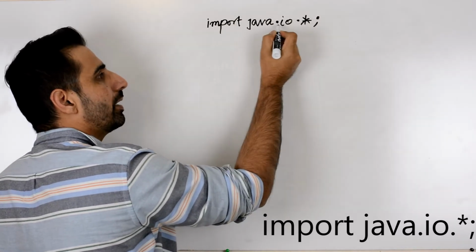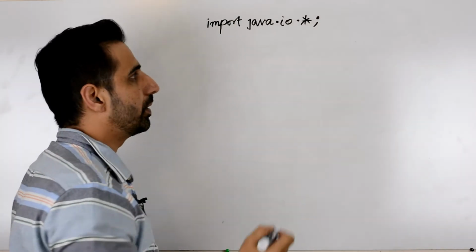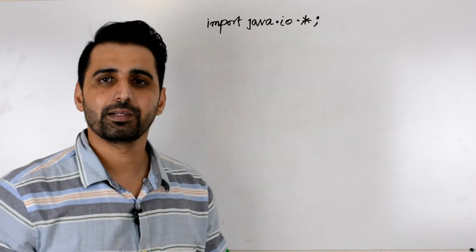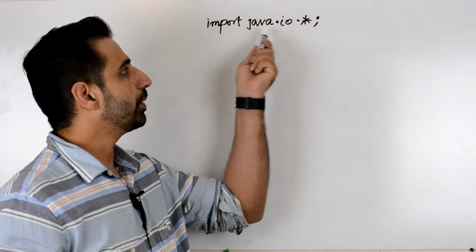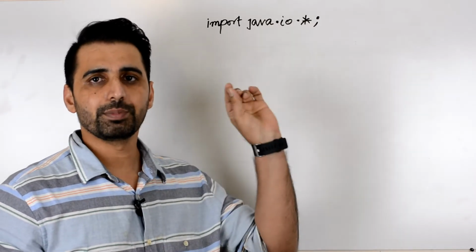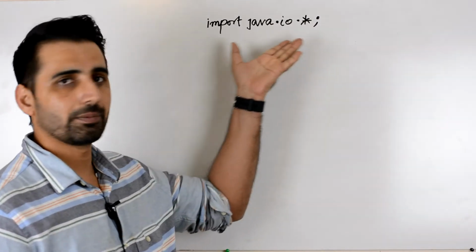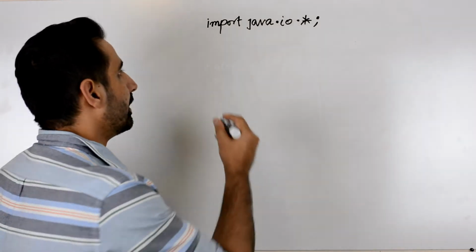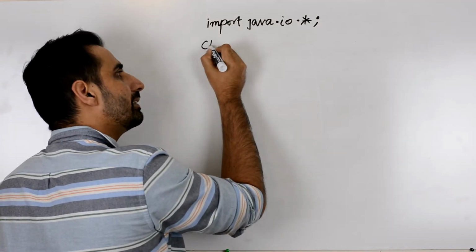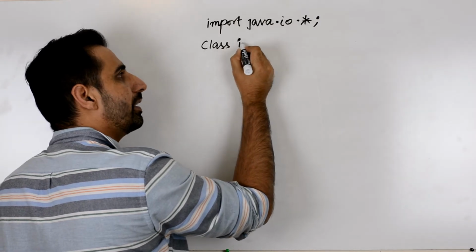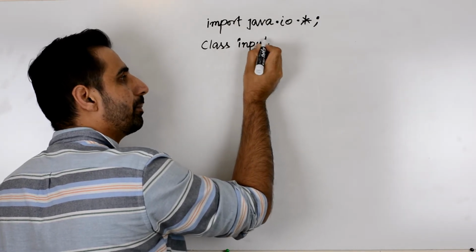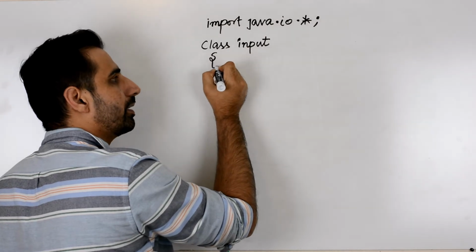That means java.io is Java input/output, and the asterisk means any class within that package. So the first thing we write is import. Everything will be in small case, none of the letters will be capital in this one. Then after that we write class, and here we can write any name for the class. Suppose I write Input, and then we start our curly bracket.